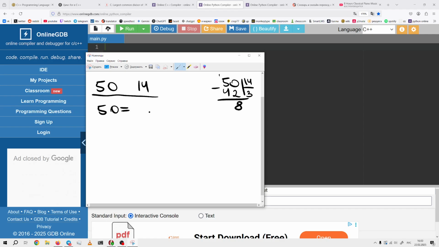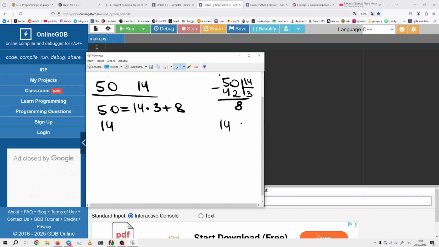So we can write that 50 is equal to 14 multiplied by 3 plus our remainder 8. Oh, sorry, I'm stupid. Now, the next step of the Euclidean algorithm: from these two numbers, 50 and 14, we take the minimum and divide it by our remainder.